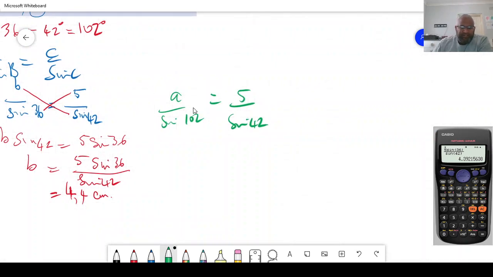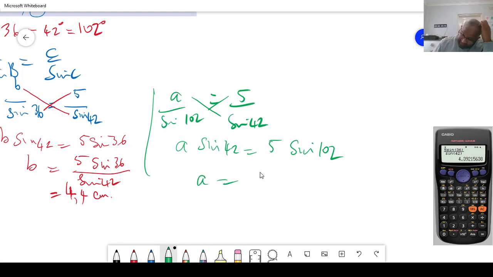So what we do here again, we cross multiply, so that would simply be a sine 42 degrees is equal to 5 sine 102. To get a on its own, I divide by sine 42 both sides. So it's 5 sine 102 over sine of 42 degrees.